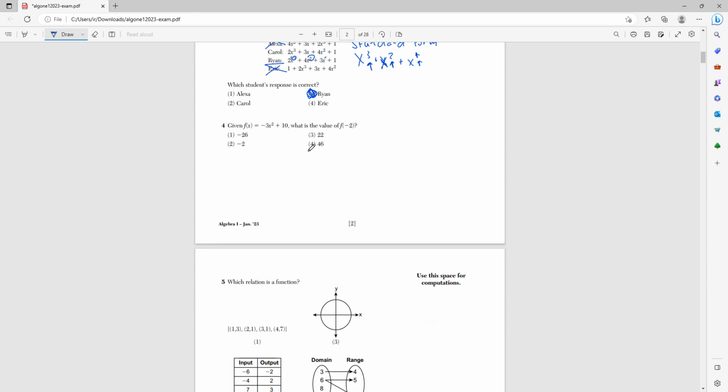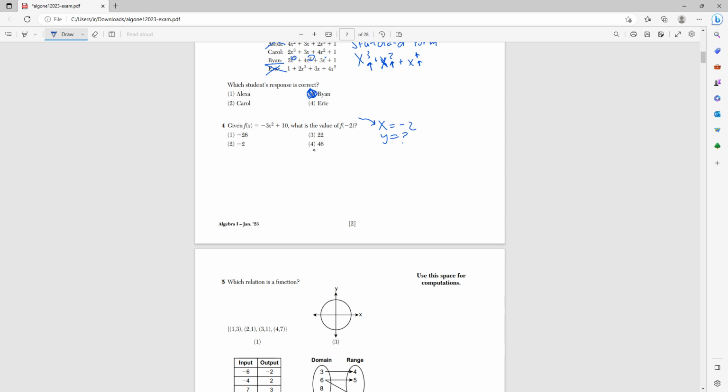Number 4 asks that, given f of x is equal to negative 3x squared plus 10, what is the value of f of negative 2? f of negative 2 is the same thing as saying x is equal to negative 2, so when x is negative 2, y is equal to what?